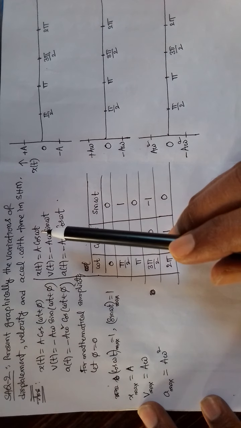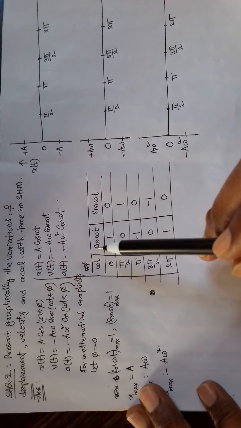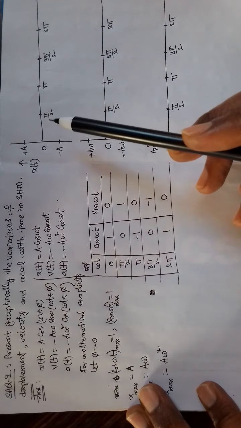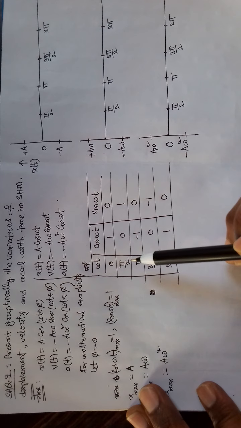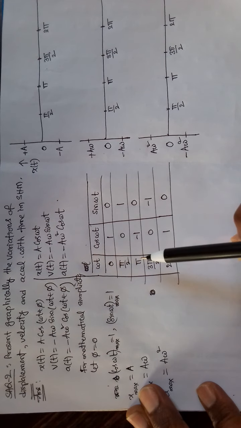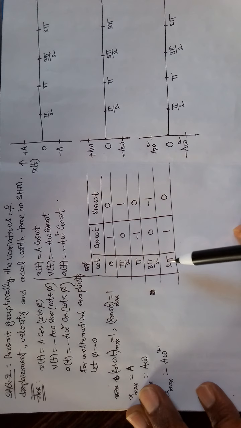Now let us note the values for the cosine function. The phase angles we are choosing are 0, pi by 2, pi, 3 pi by 2, 2 pi. So at an interval of pi by 2 radians we have chosen the phase angles.